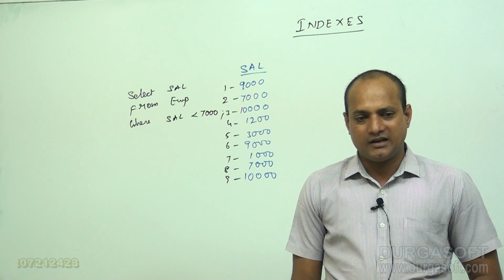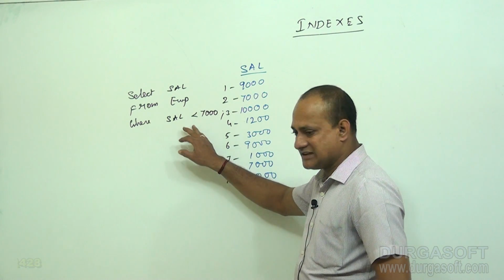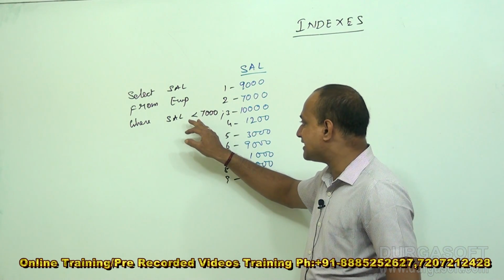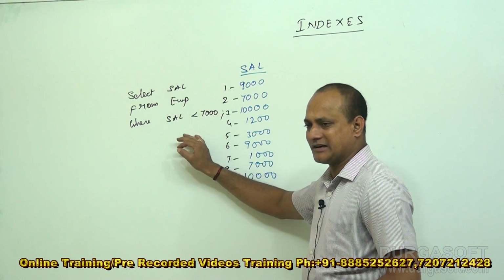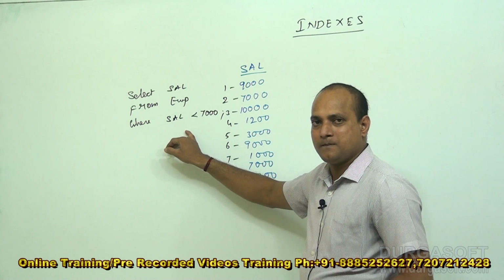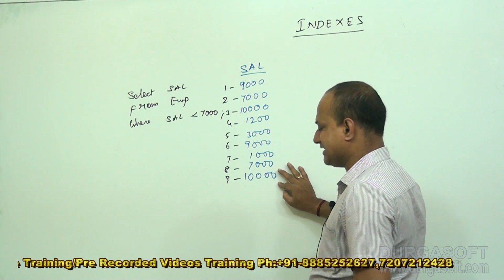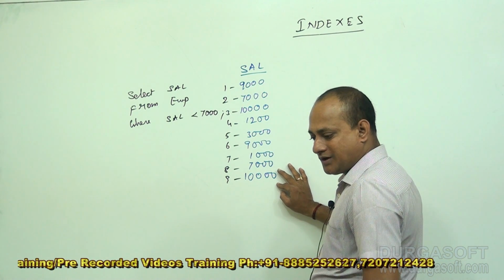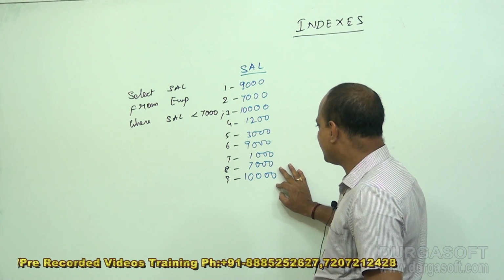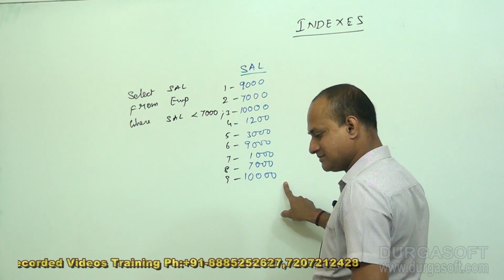So if you frequently select data based on a condition on the salary column, each time it has to verify all salaries. So it will decrease the performance of the query, because each time it has to verify all values in the salary column.